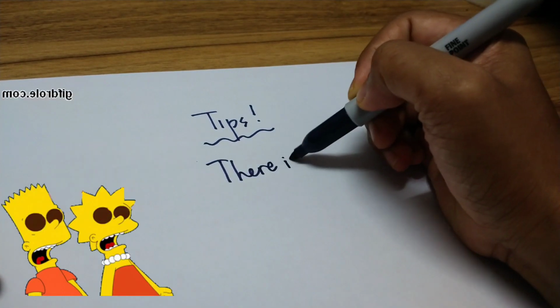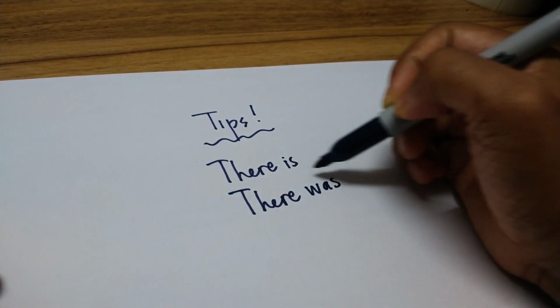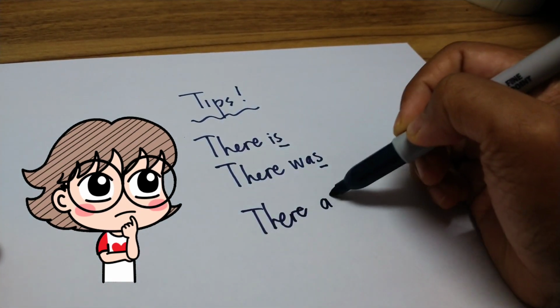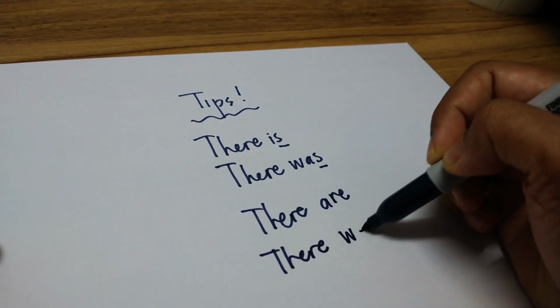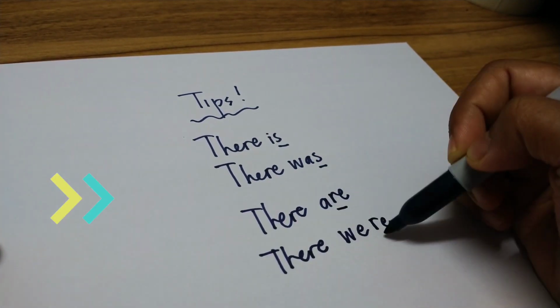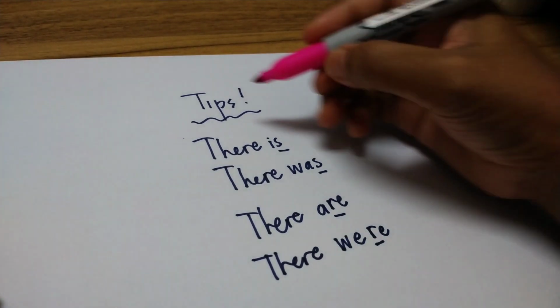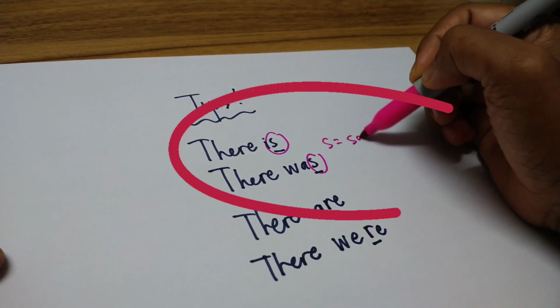Okay, here's a tip for you to remember how to use there is and there was, there are and there were. Alright, you look at the words. There is and there was both have S. Okay, S is for satu, or we say singular.